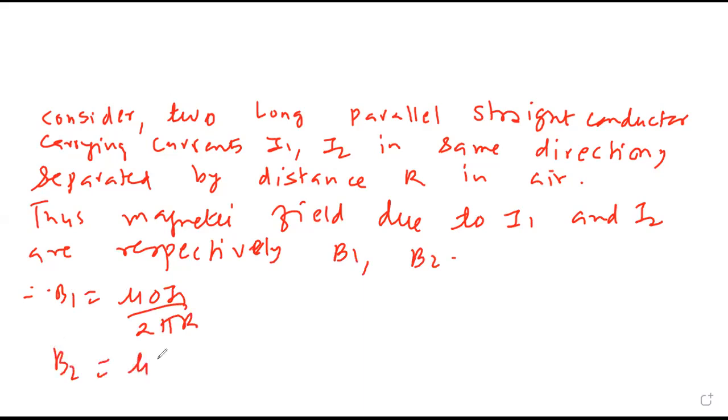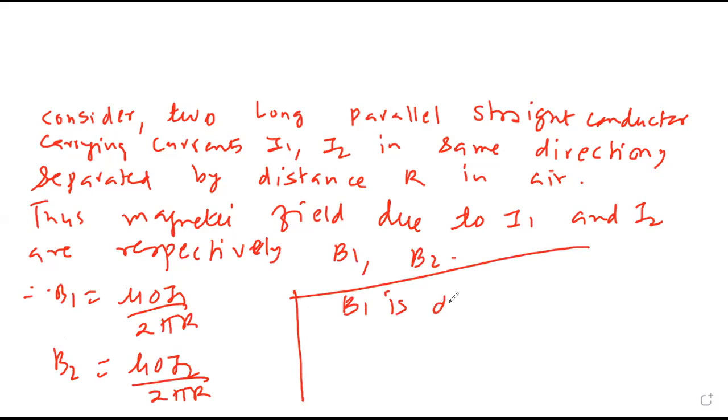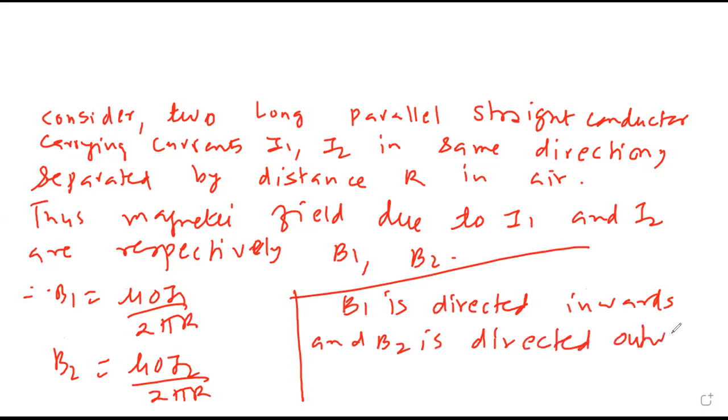B2 equals mu naught I2 upon 2 pi r. B1 is directed inwards and B2 is directed outwards. Copy this much. So we got the B value and direction of B.